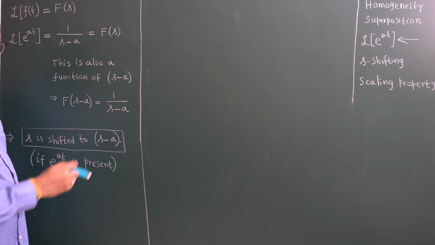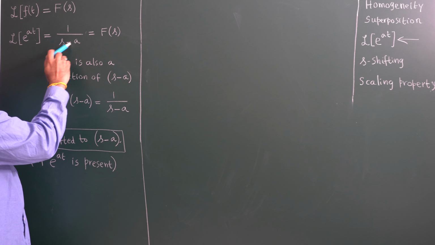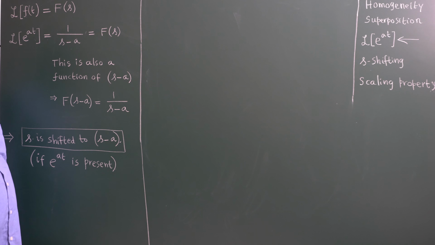The main result is that the Laplace transformation of an exponential function is nothing but 1 over s minus a. This a is exactly the a that you have here. So our final result is always a capital F of s. Capital F of s means we got the result of doing the Laplace transformation.